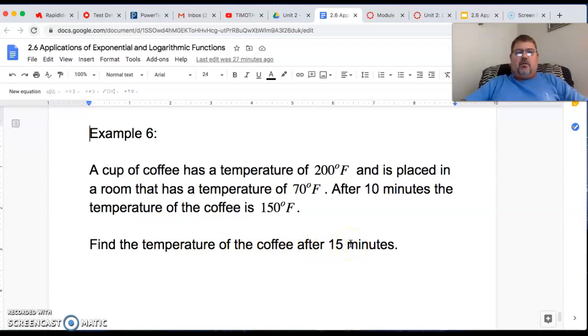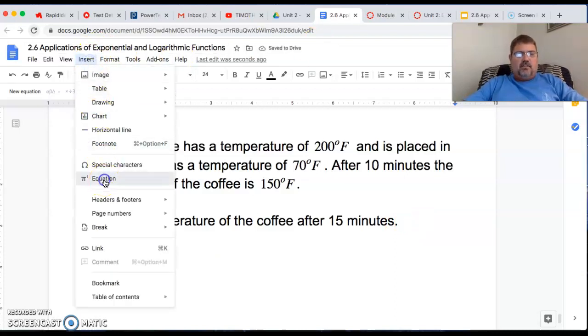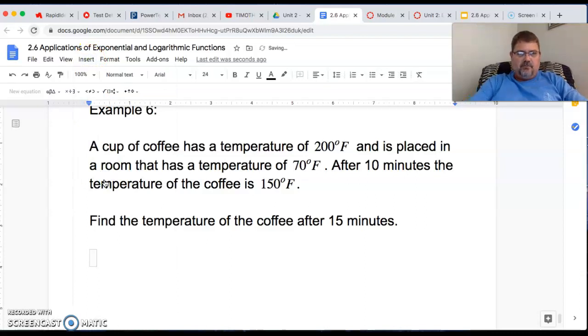Okay, so let's plug in what we know and get started on this. Right out of the gate, what do we know? Let's set up as much of this equation as we possibly can. T of t, oops, not capital T, my caps are locked. T of t equals. From the text we know T sub s is 70, so we'll say 70 plus.